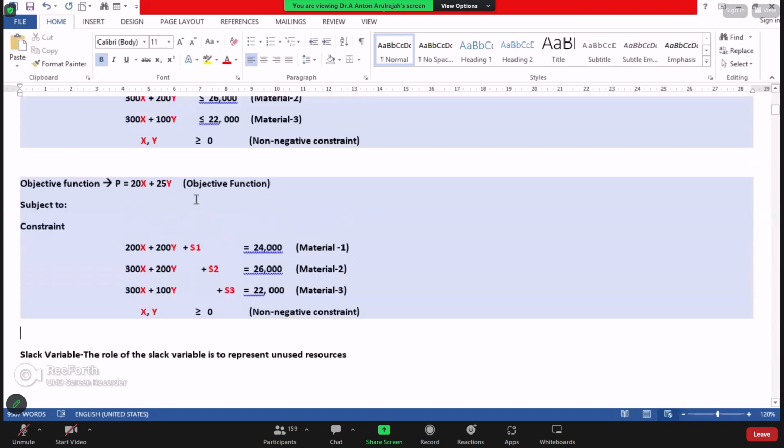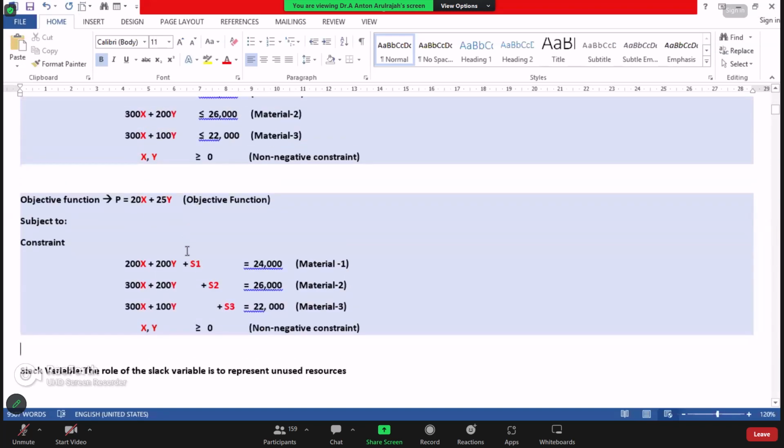And in the objective function also, we have to make some changes. To represent S1, here also we have to add plus 0 S1. The 0 here means the coefficient of S1 is 0, there is no profit.